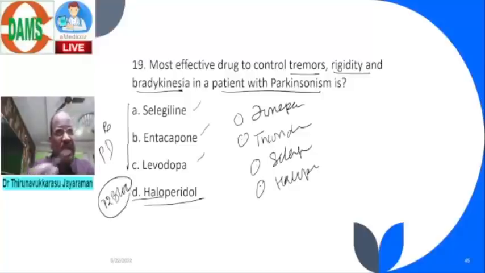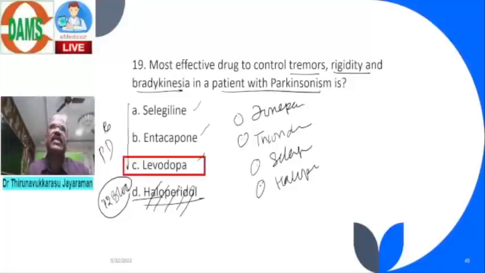In fact, it is going to cause Parkinsonism, so this is ruled out. Among the other three options, the most potent dopaminergic drug to control hypokinesia, rigidity, and tremor is levodopa. That's the best answer.